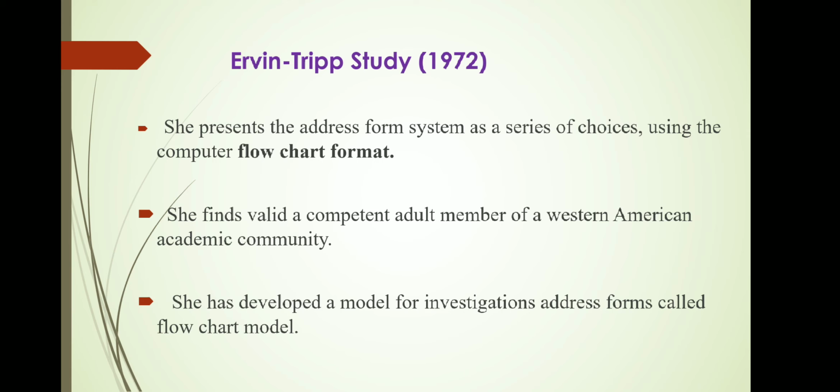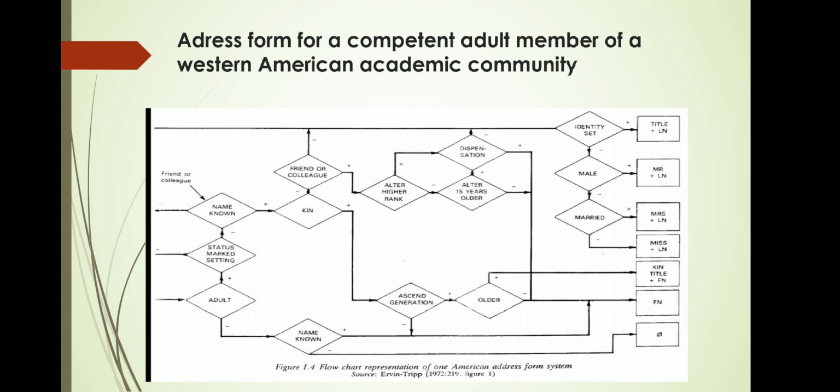Here we have the model of address forms for a competent adult member of the Western American academic community. So look at this chart. These diamond shaped junctures are to be taken as decision points, right? And the E, which is not clear, beside the juncture labeled adult, marks the entry point, or the point where you begin the process.